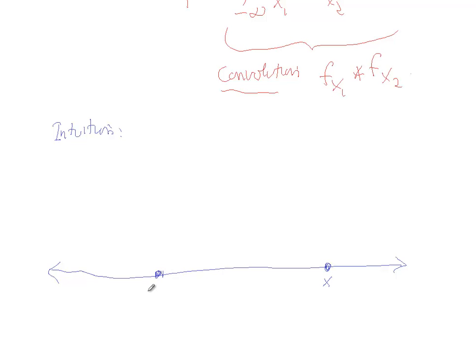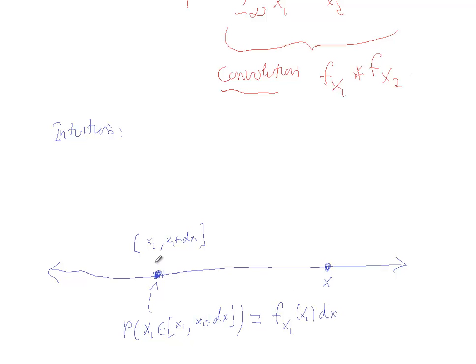I can say the probability that x1 is in this small interval, which I'll call x1 to x1 plus dx, is equal to the density times dx.